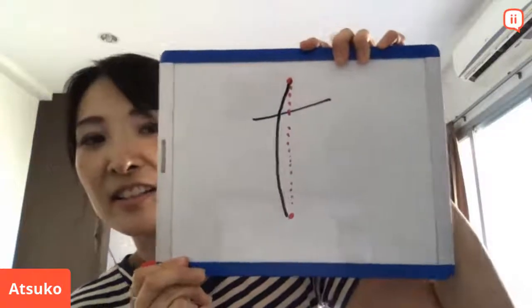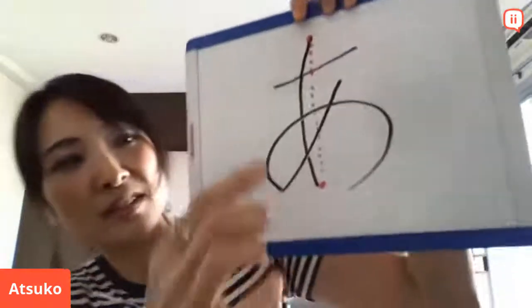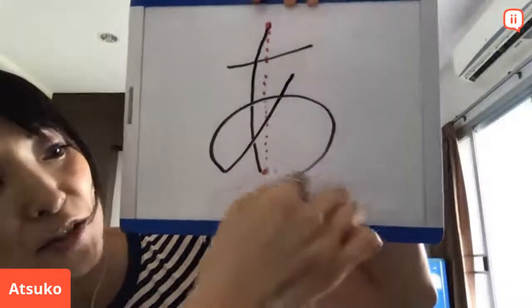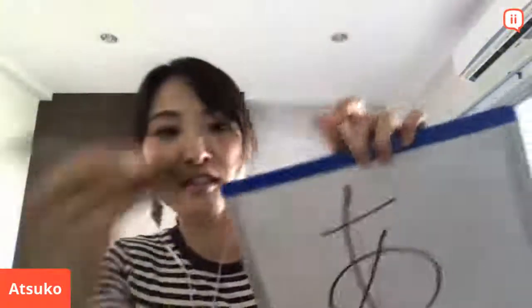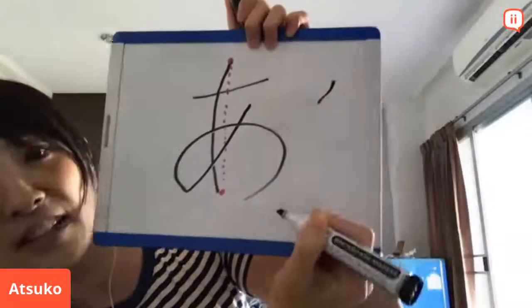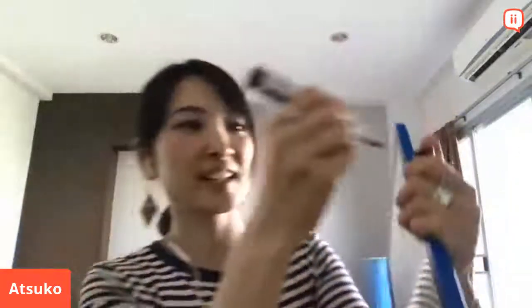And the third stroke is very long. Start from here. This one is a cross. And the last part is not like this. Not stopping like this, but non-stop.